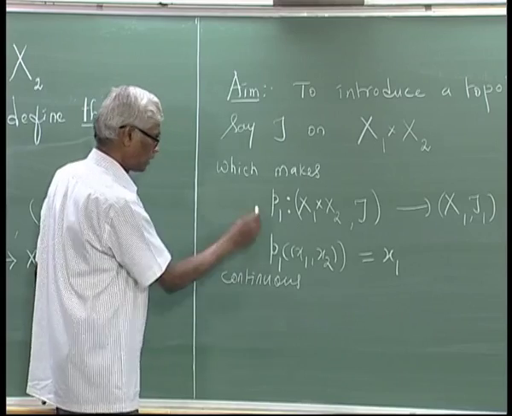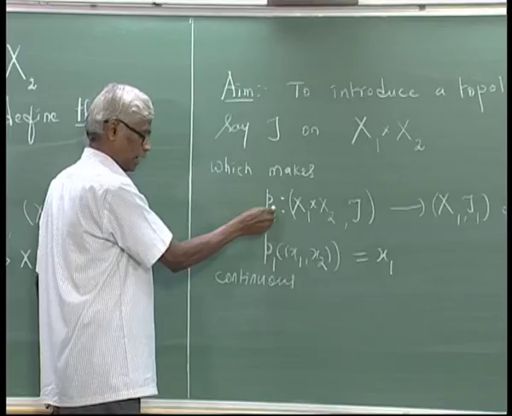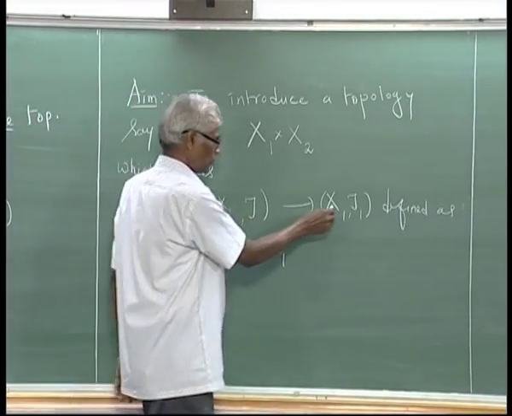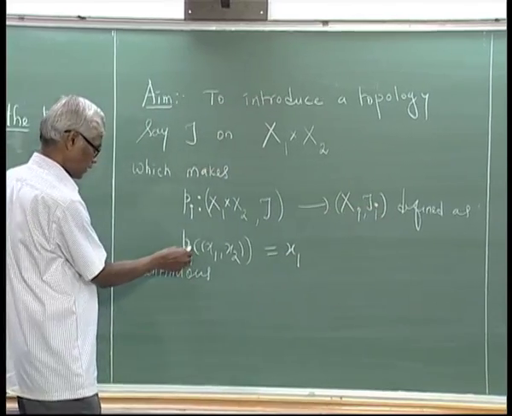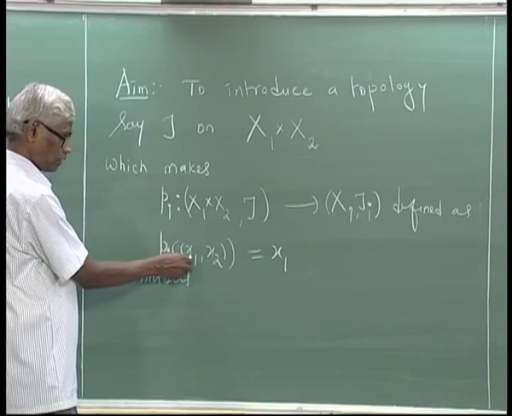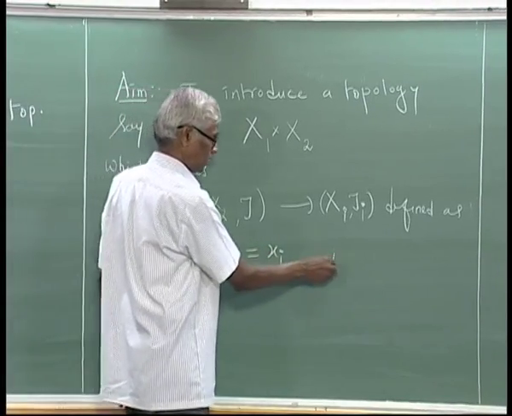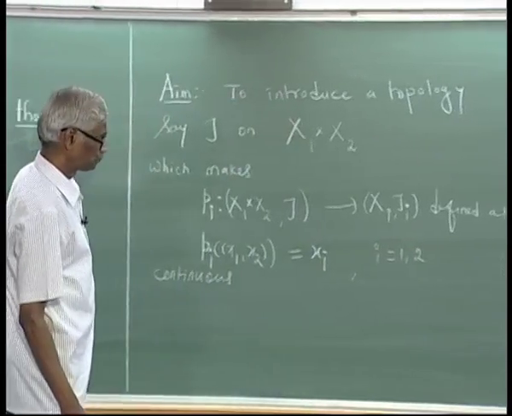Similarly, we call it Pi from X1 cross X2 with tau to Xi with tau i, defined as Pi of the ordered pair (x1, x2) equal to xi, i equal to 1 or 2.